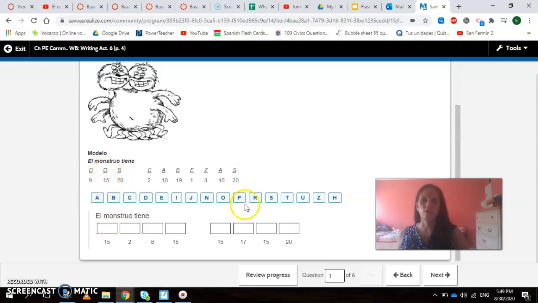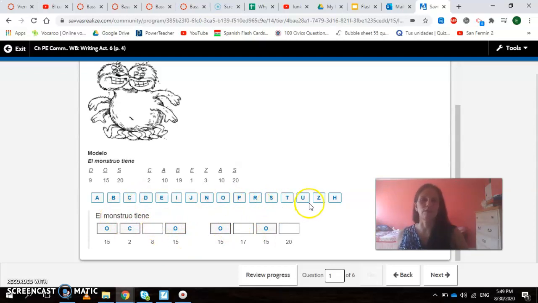Number 15 is the O. So that means that all the ones that have number 15 are O's. There's a whole bunch of them. And then you look for number 2 right there. Number 2 is C, so you move your C. And that's what you have to do until you complete all of them.